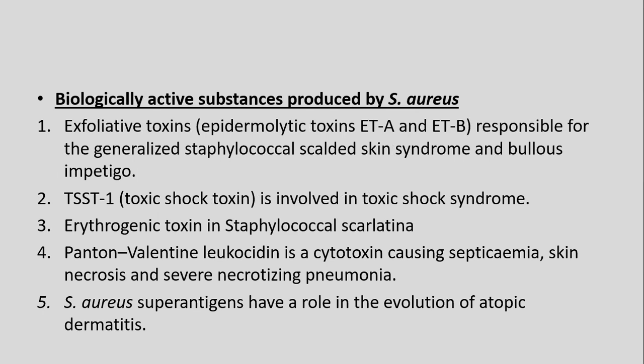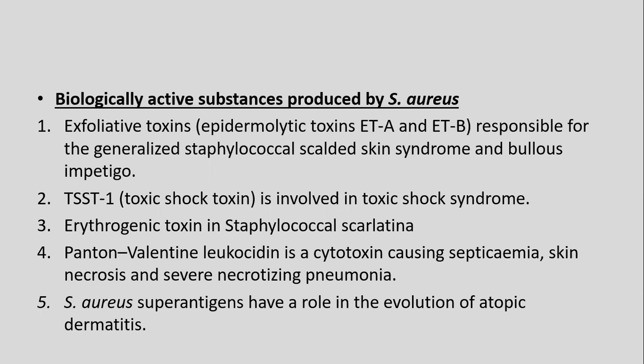Biologically active substances which are produced by Staph aureus. So Staph aureus produces various different toxins. The first is the exfoliative toxin, also known as epidermolytic toxin: ETA and ETB, epidermolytic toxin A and B. These are responsible for generalized staphylococcal scalded skin syndrome and bullous impetigo. Another toxin produced by Staph aureus is TSST-1, the toxic shock syndrome toxin, which is involved in toxic shock syndrome.